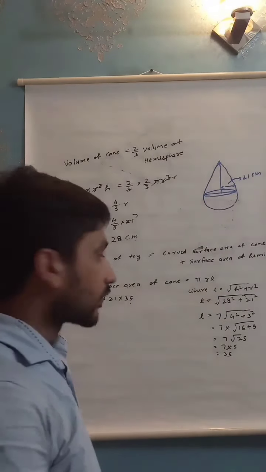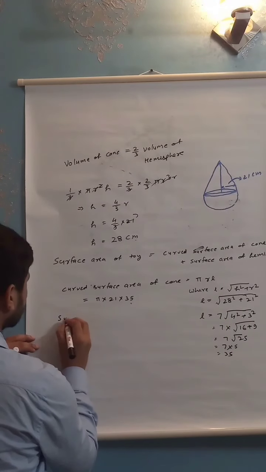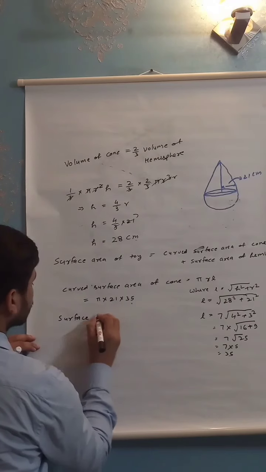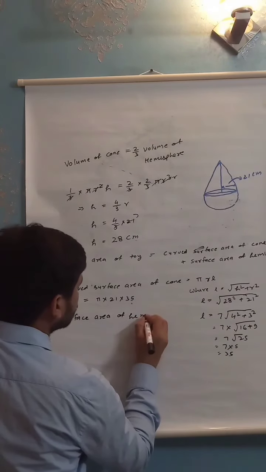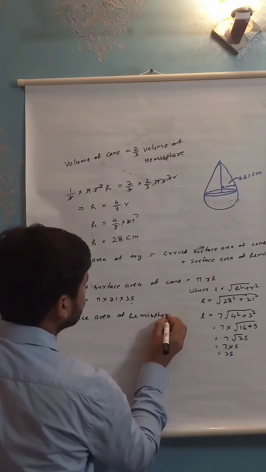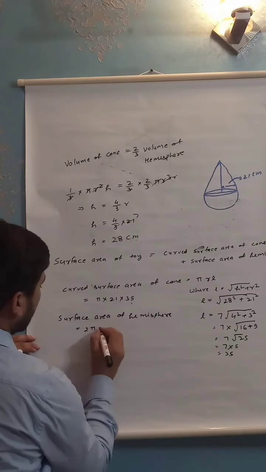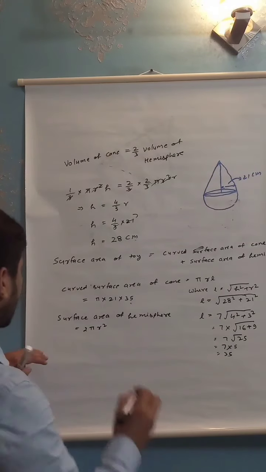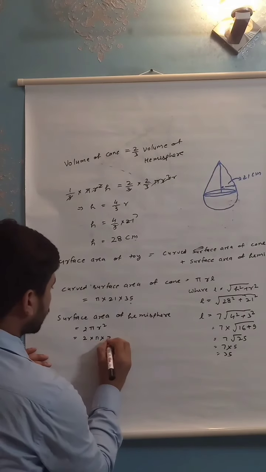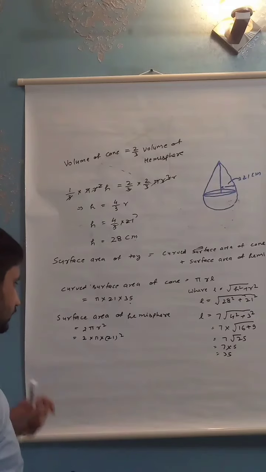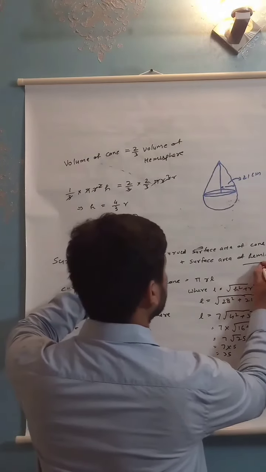Again surface area of hemisphere equal to 2 pi r square equal to 2 into pi into 21 square. Now put these values into equation. This is equation number 1.